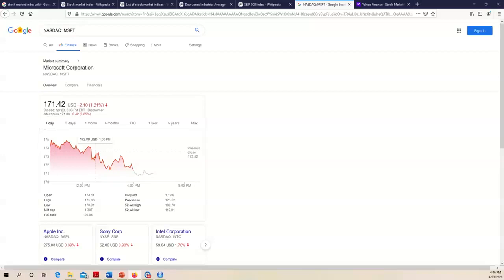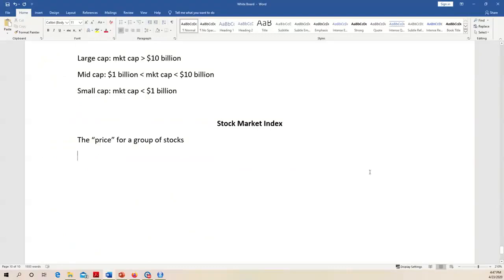So since there are thousands of stocks traded in a particular stock market every day, can we just use one number to summarize the performance for the entire stock market or for a particular group of stocks? Can we just use one number to summarize the behavior or the performance for a group of stocks?